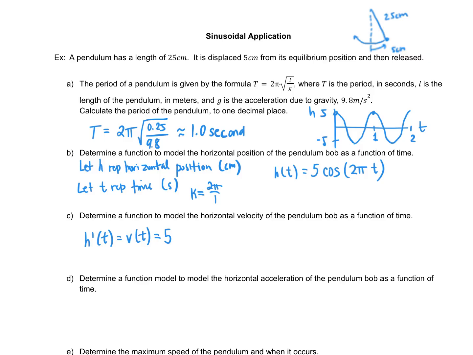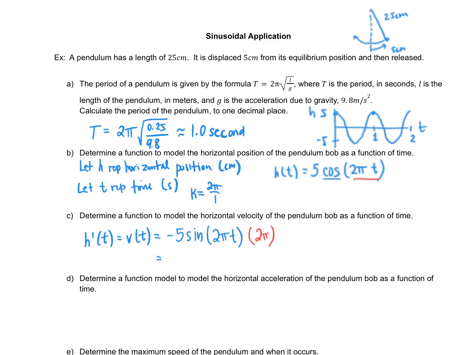So cos is the outside function, 2 pi t is the inside function. The derivative of cos is negative sine. I'm actually just going to put a negative in front of the 5 and then do the sine. Copy paste your inside function. Now it's time for the derivative of the inside, which is just 2 pi.